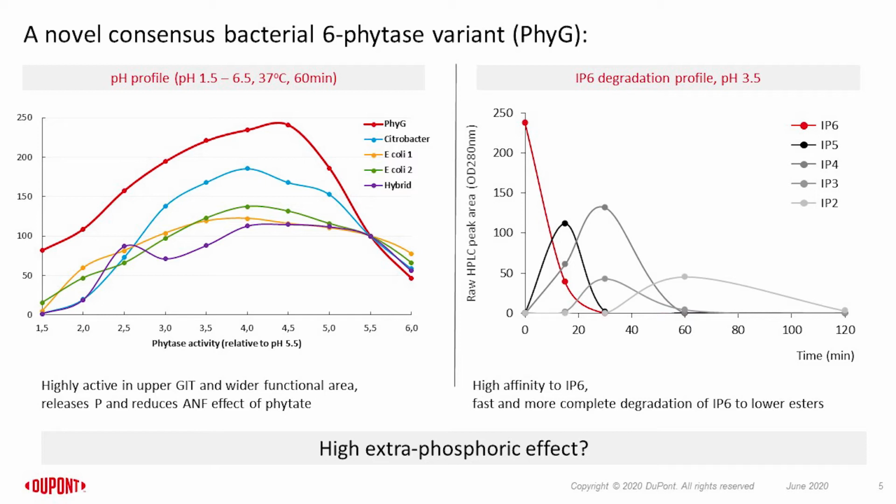Therefore, it can be effective to reduce the binding of phytate to amino acids. It can break down IP6 and its lower esters quickly and completely, as shown by the right-hand graph. It is expected such a phytase may have a higher extra-phosphoric effect.